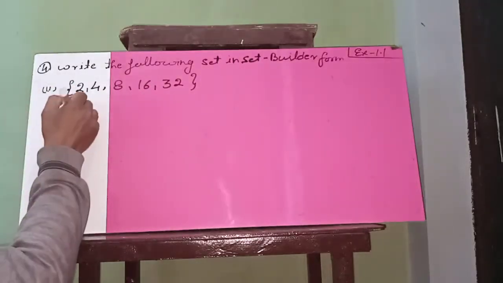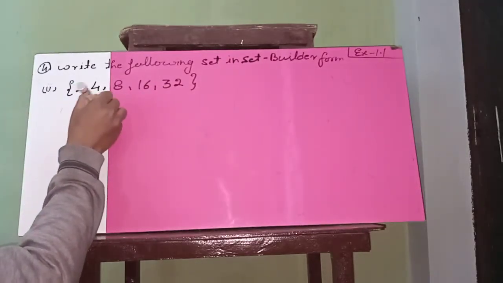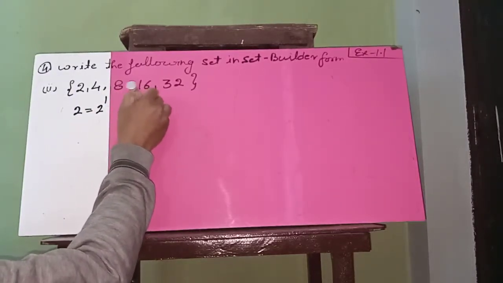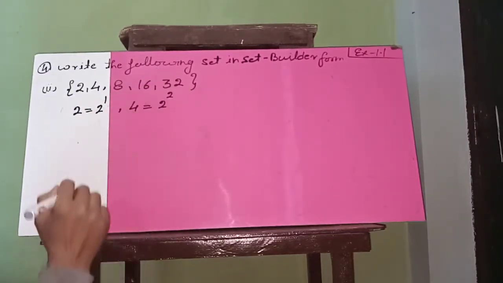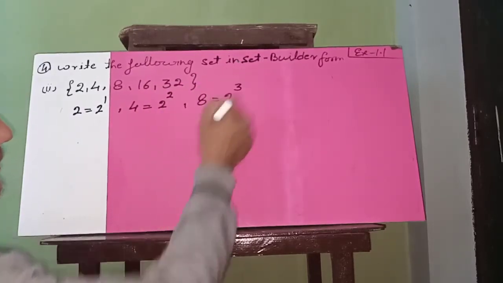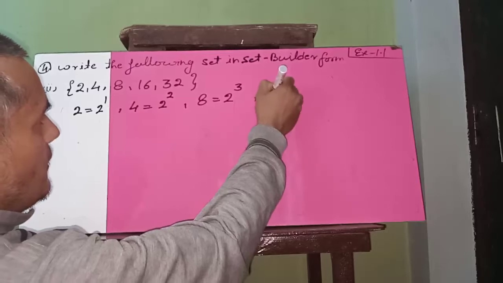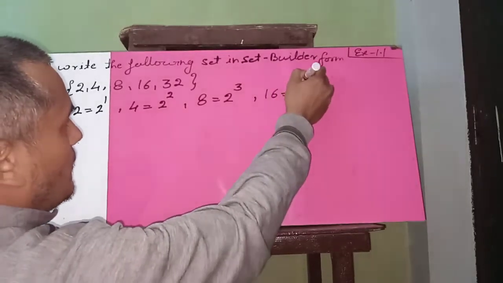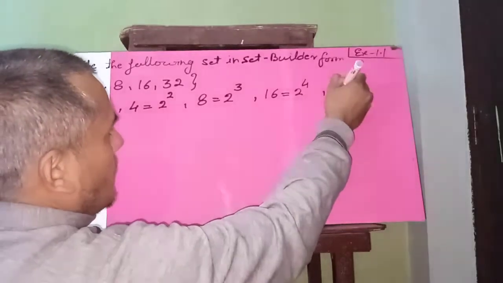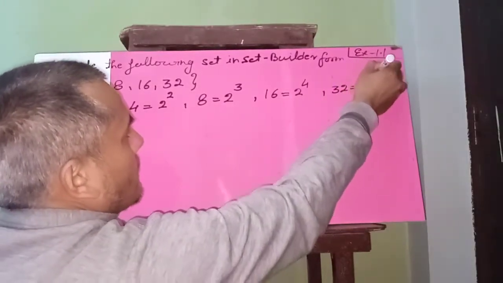Here 2 equals 2 to the power of 1, 4 equals 2 to the power of 2, 8 equals 2 to the power of 3, and 16 equals 2 to the power of 4. Here 32 equals 2 to the power of 5.